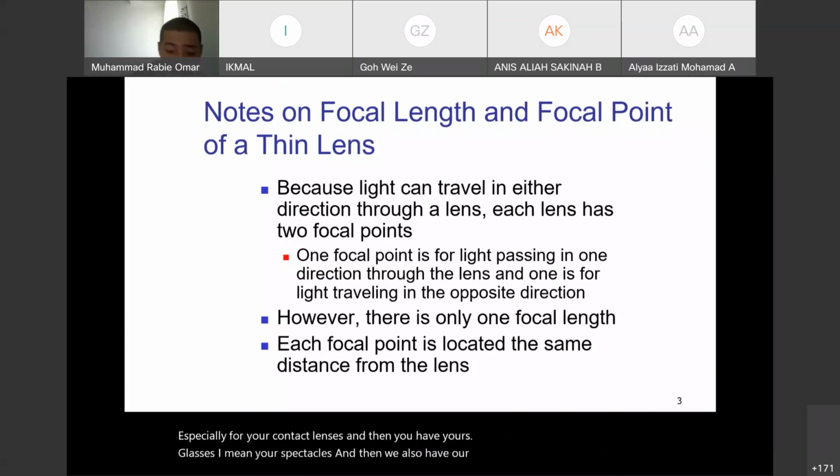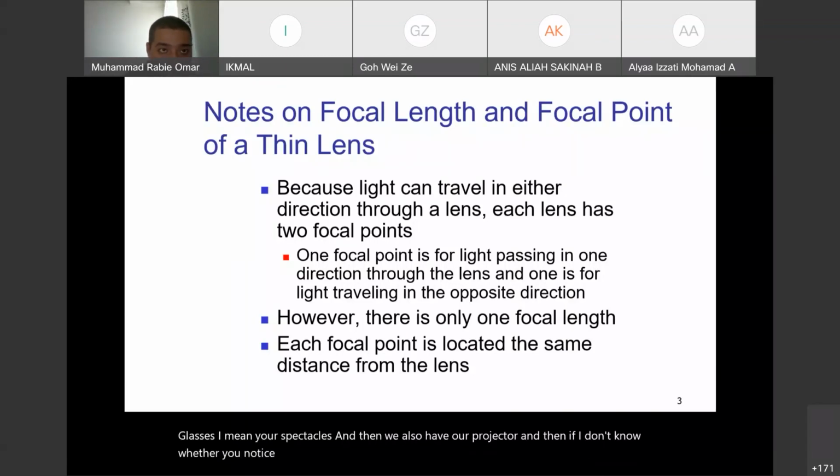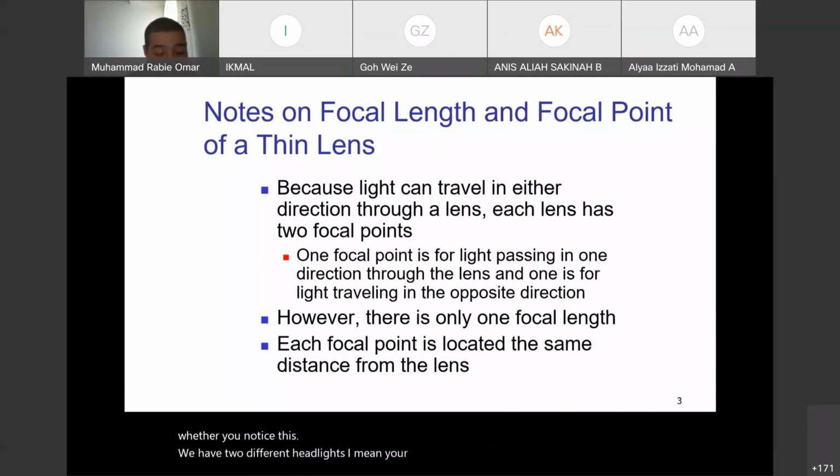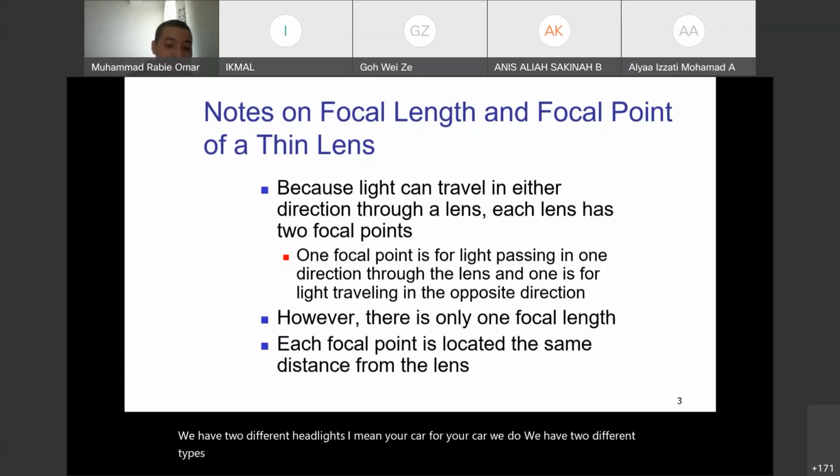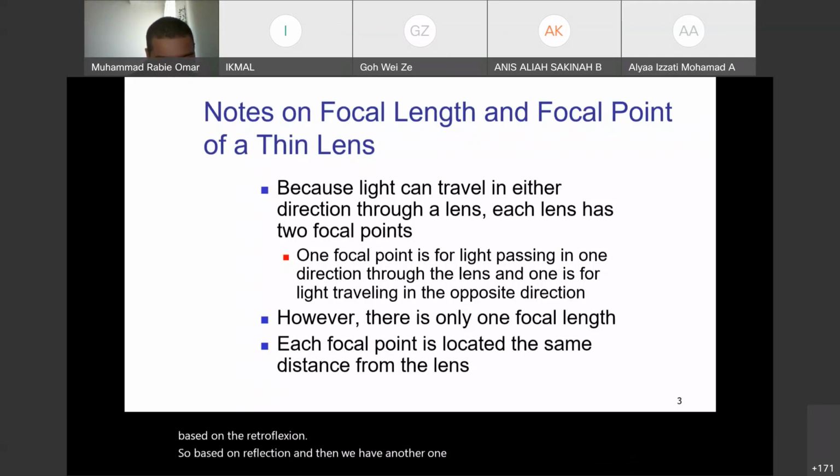And then, I don't know whether you notice this, we have two different types of headlights for your car. We have the older version, which is based on retroflexion, and then we have another one which is based on projection.